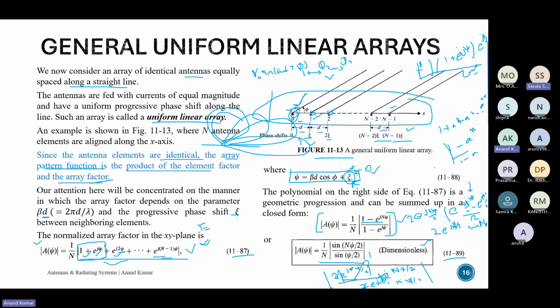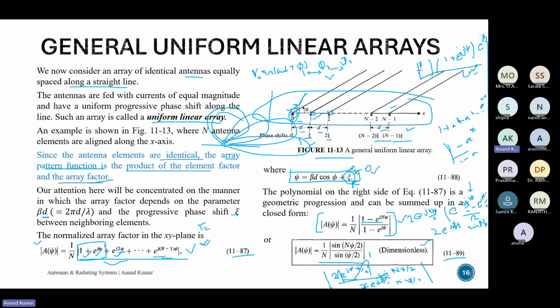Any follow-up questions? And the value for D also? Yeah, the value of D also has to be optimized. For a uniform linear array, the D value is equal between the element spacings. It could be lambda by 2, less than lambda by 2, or greater than lambda by 2, based on the pattern you want. This D can be changed and optimized.